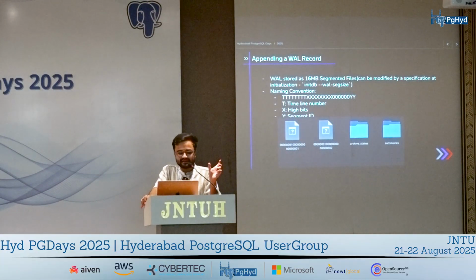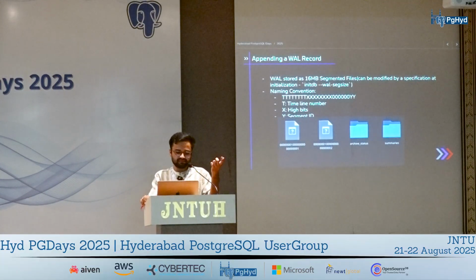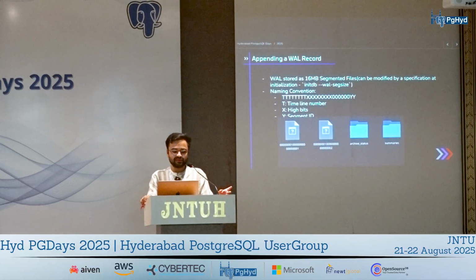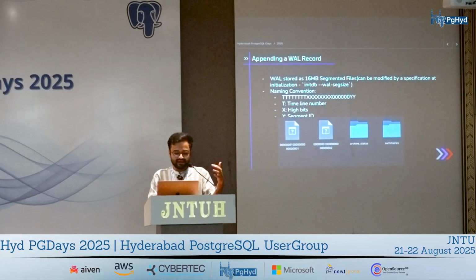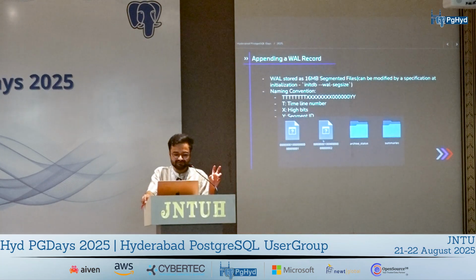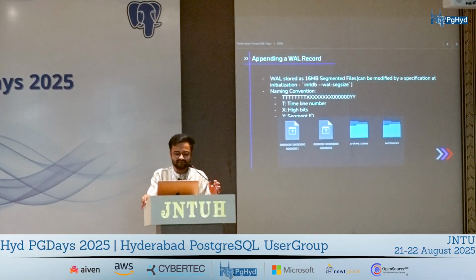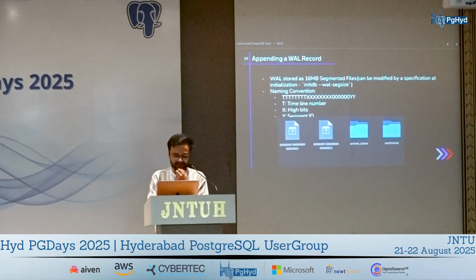The file name basically contains some critical information, like which timeline this particular WAL record belongs to. In this case, both of these WAL files are from the same timeline, right? After that, you have the logical ID of that particular WAL file, and then you have the actual 8 bits that separate these two files into 16 MB chunks.